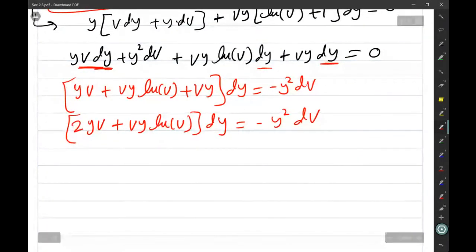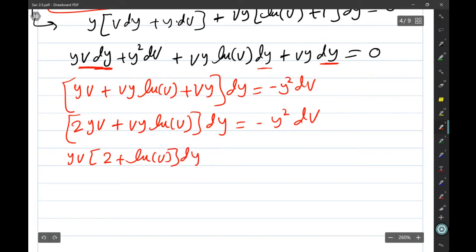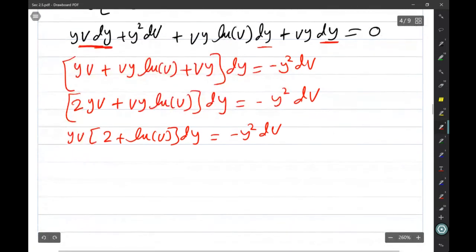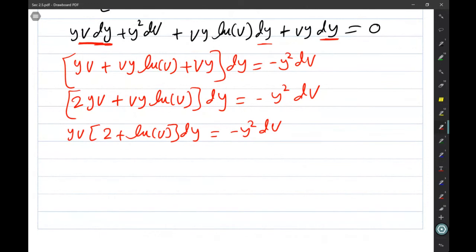Now here you can take yv as a common factor, becomes yv times (2 plus ln v) times dy is equal to minus y squared dv. Now you have to use the separation method to separate the variables. How can you separate the variables? Divide this one by what and this one by what?